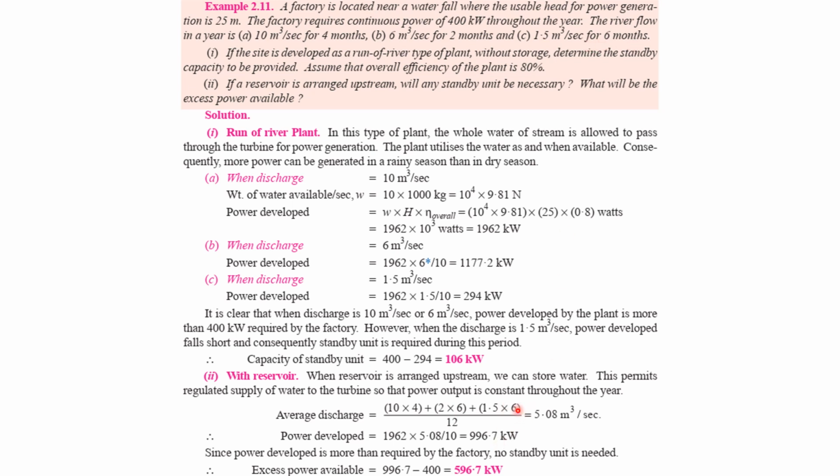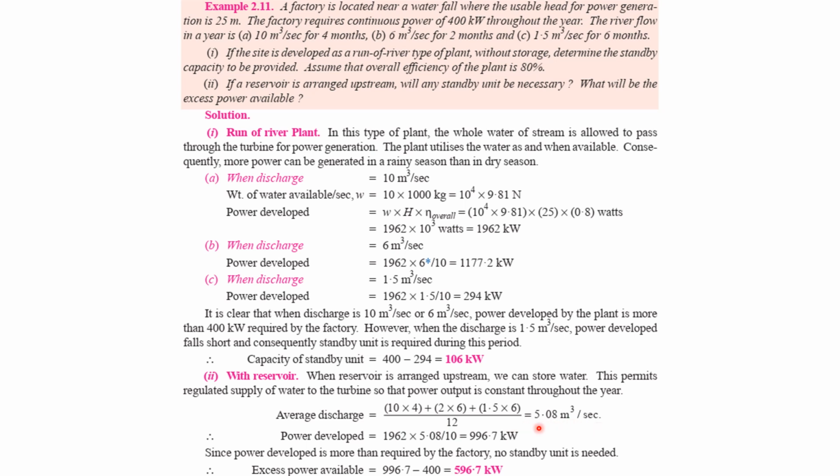These are the number of months, 6, 2 and 4. So divide that by the total number of months in a year, you'll get the average discharge as 5.08 meter cube per second. So on average you have 5.08 meter cube per second available throughout the year now.